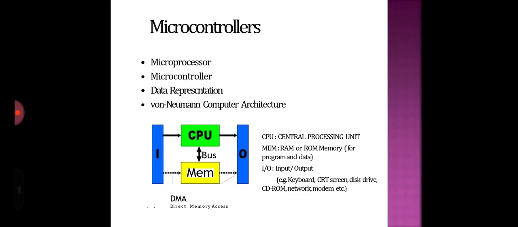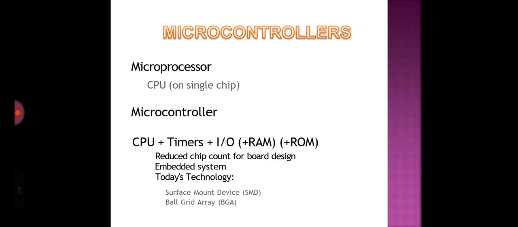Microcontrollers. The microcontroller is based on a von Neumann computer architecture. CPU is the central processing unit. RAM or ROM memory can be used for data and program, and input output such as keyboard and CRT screen.